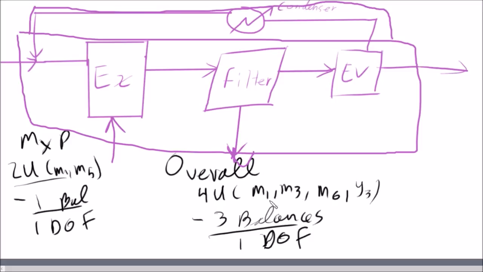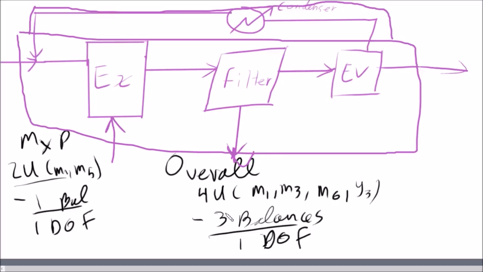So that leaves us for this overall system. We're going to have the M1 going in that we don't know about. We're going to have the M3 leaving at the filter location that we don't know about. We're going to have the M6 leaving the evaporator, leaving the entire system, that we don't know about. And we don't know the fraction at the filter location, how much oil fraction-wise is coming out here.